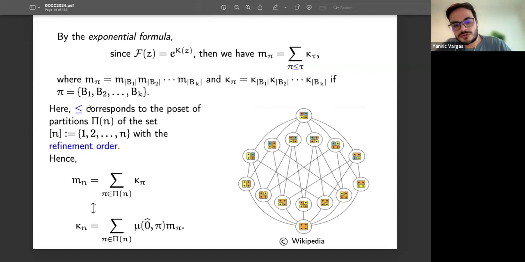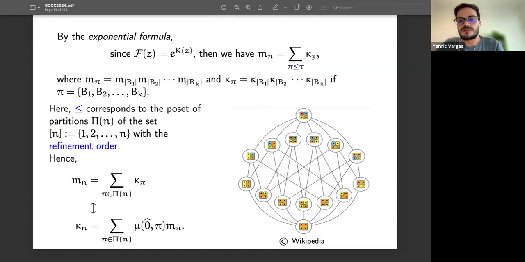And here I show you this relation between the sequence of moments and the sequence of cumulants, and you can reverse this relation using the Möbius inversion. If you take this n here, you obtain it by taking the particular partition with just one block, sorry, formed by the n elements, and that will be the minimal element in the poset.